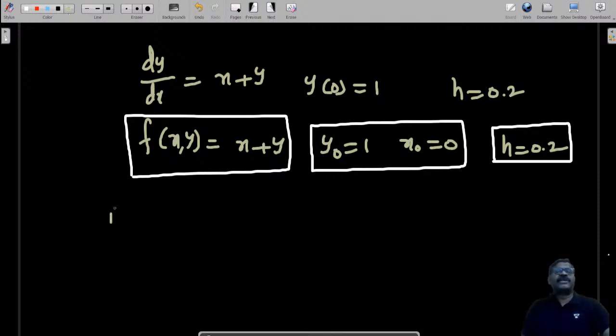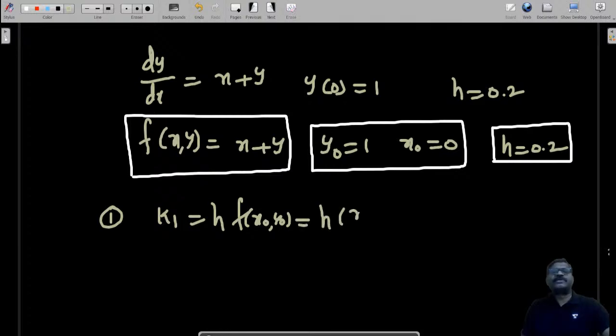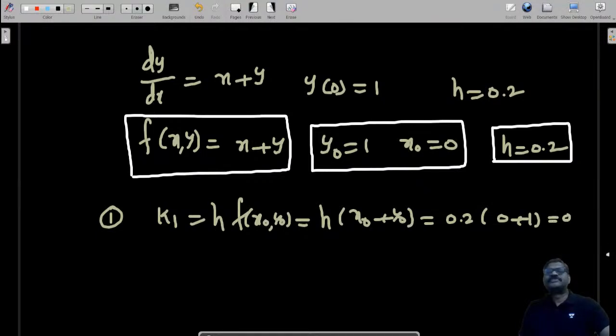Now first, K1 is h of function of x naught, y naught, that is h of x naught plus y naught, 0.2 into 0 plus 1, that is 0.2.